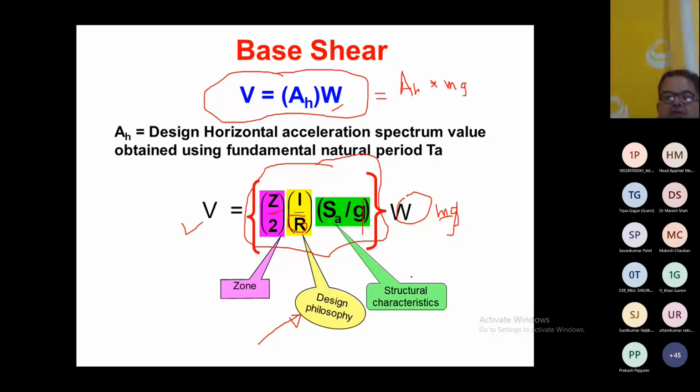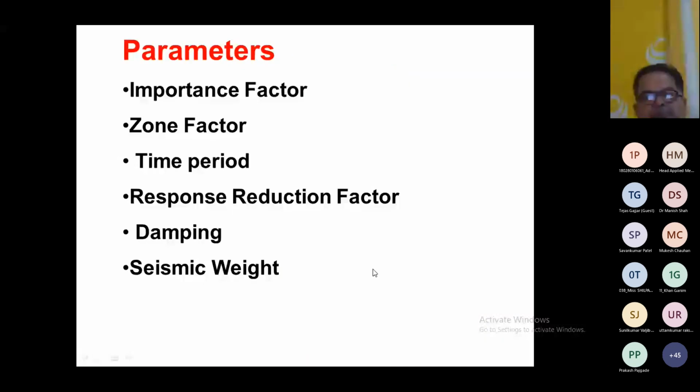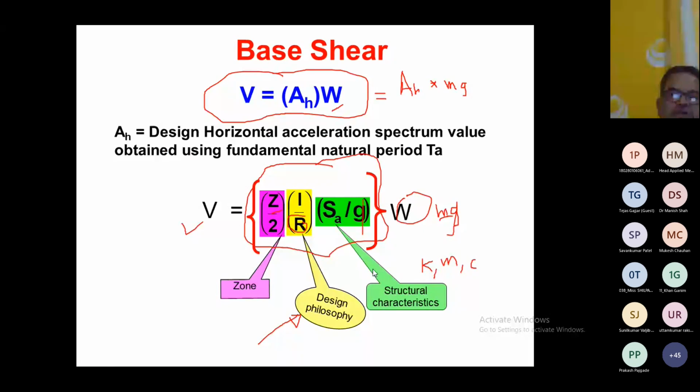What is the stiffness of your structure? What is the mass of your structure? It depends on the damping of your structure. So this SA by g value depends on stiffness, mass, and damping, right? And R is a design philosophy. We'll discuss that part. So basically, these are the parameters: importance factor, zone factor, time period, response reduction factor, damping, and seismic weight, on which this base shear depends, right?